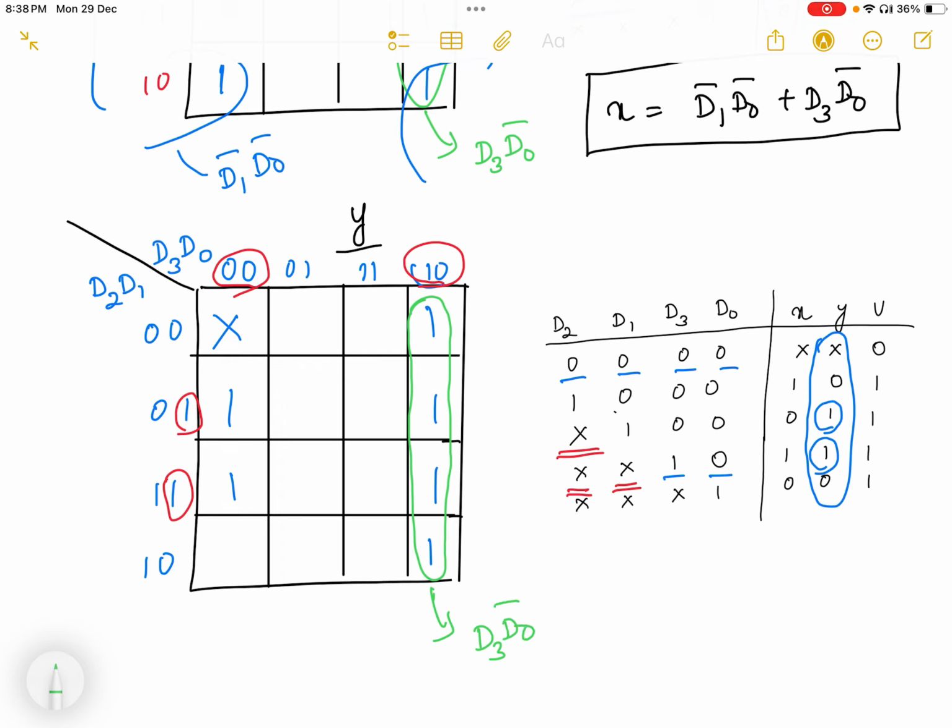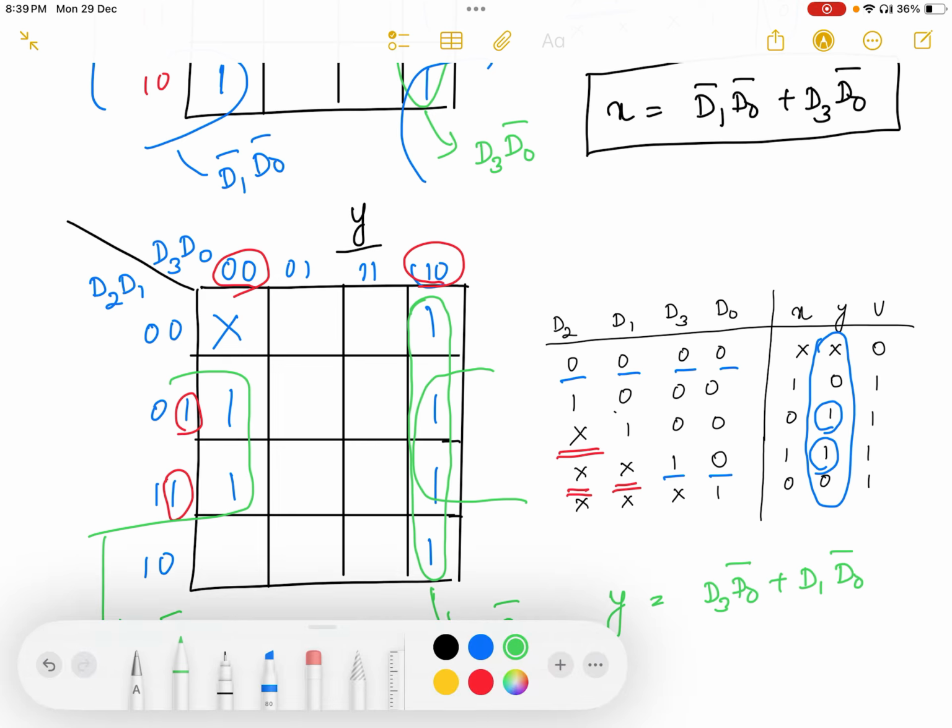I can make another pair like this also, and for that I'll get D1 D0 bar. So Y equals D3 D0 bar plus D1 D0 bar. This is the relationship between input and output for Y.